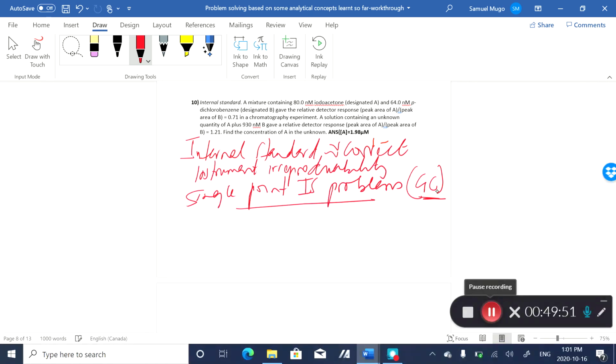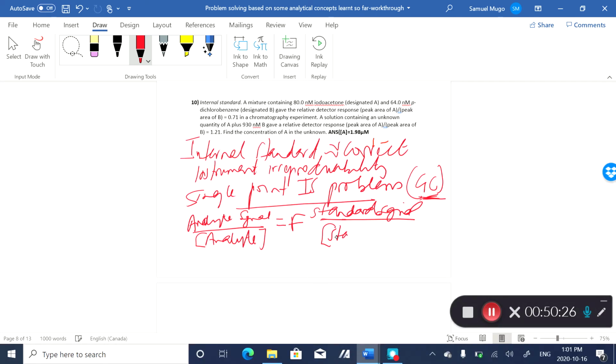With the GC lab, it was an internal standard problem, but of course it was multi-point calibration. All right, so remember the internal standard relationship: the analyte signal divided by the concentration of the analyte is equal to the response factor, the so-called F, multiplied by the standard signal, remember this is the internal standard, divided by the concentration of the standard.